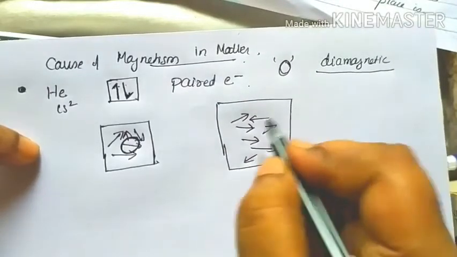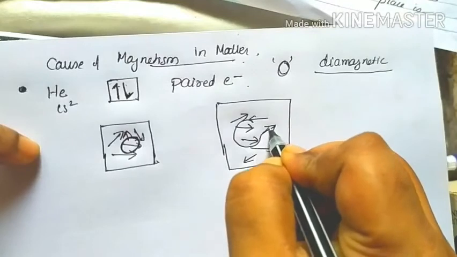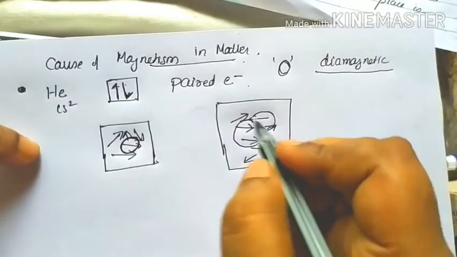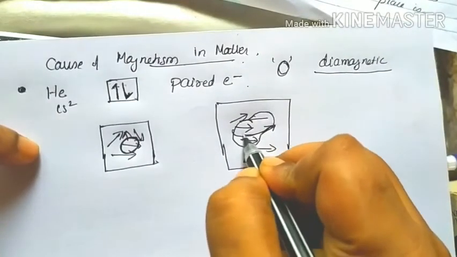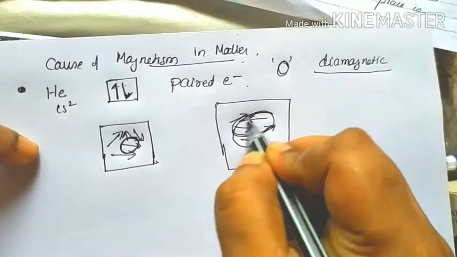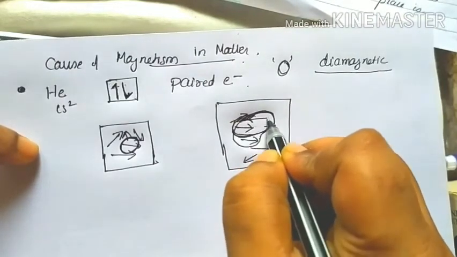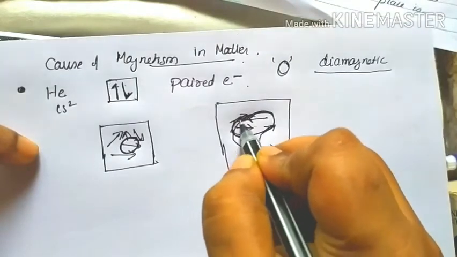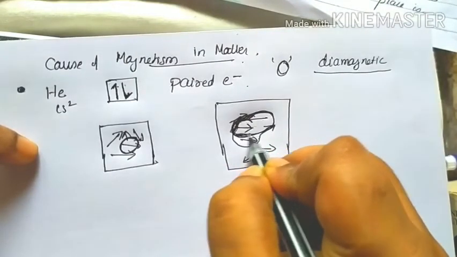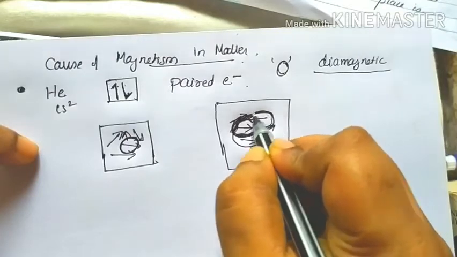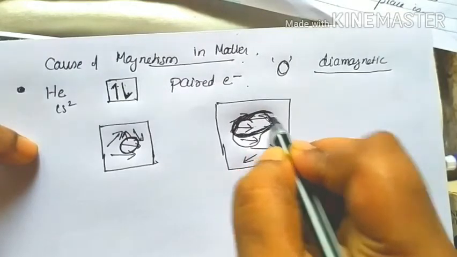So when I consider a unit volume like this, I'm having one dipole moment in this direction, another dipole moment in this direction. I'm darkening it, guys, so that you will understand. This is the area I'm going to consider unit volume.